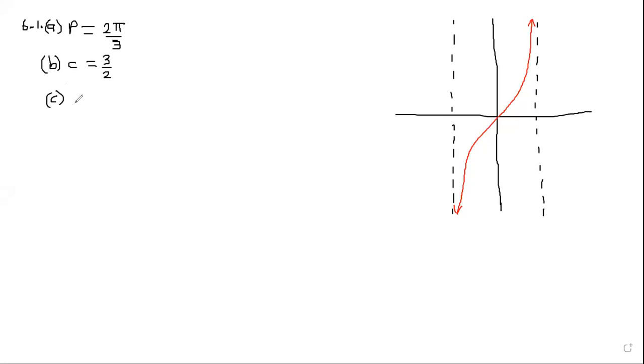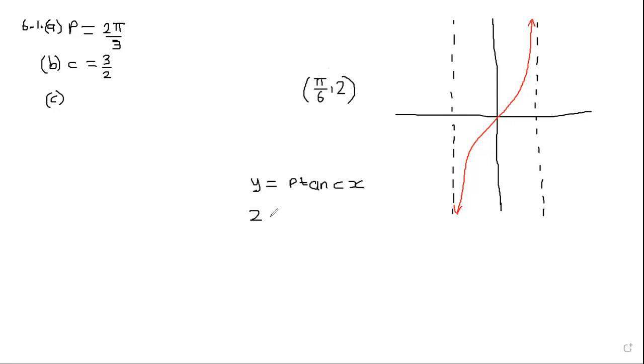So they gave us this equation: y equals P tangent Cx. Now we're going to use the point that they gave us, pi over 6, 2, as our x and y.